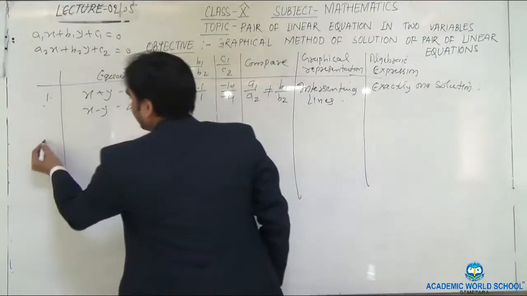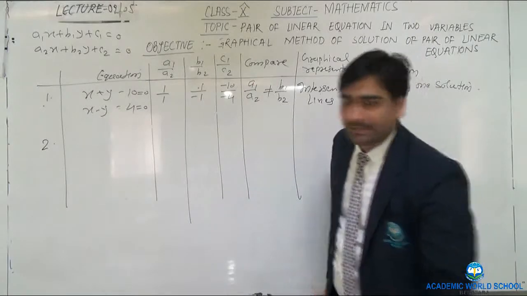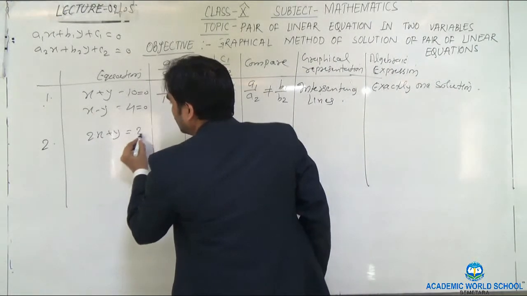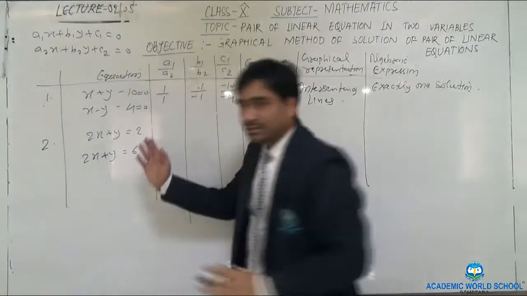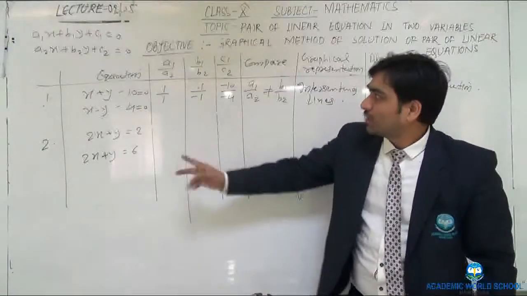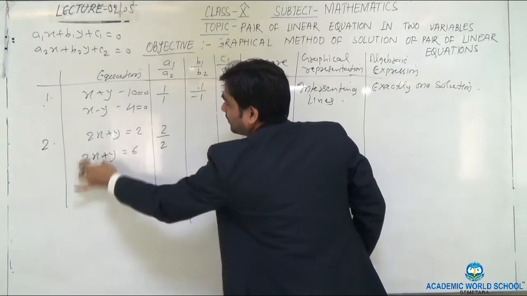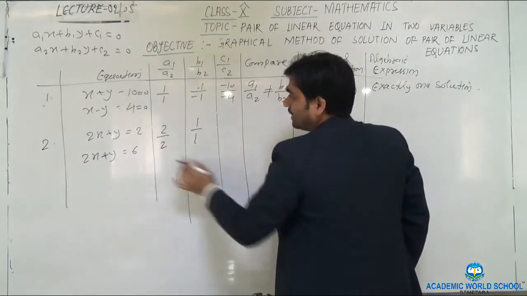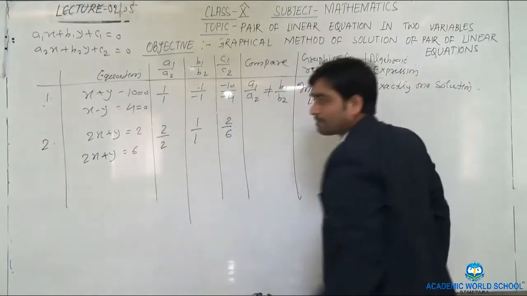Now see the second example I have explained: 2x plus y is equal to 2 and 2x plus y is equal to 6. So again you compare a1 upon a2, that means 2 upon 2, b1 upon b2, 1 upon 1, c1 upon c2, that means 2 upon 6.